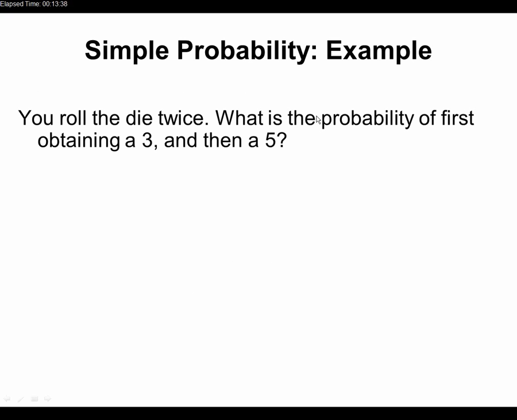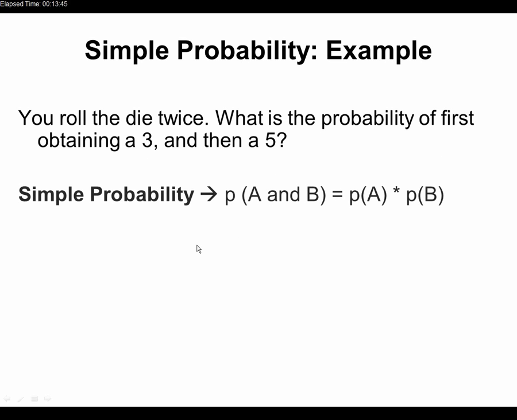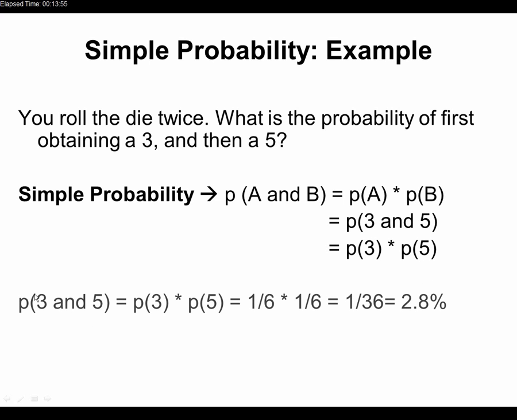You roll the die twice. What's the probability of first obtaining a 3 and then a 5? Well, there you go. Let's plug the numbers into the formula. P(3 and 5) equals P(3) times P(5).